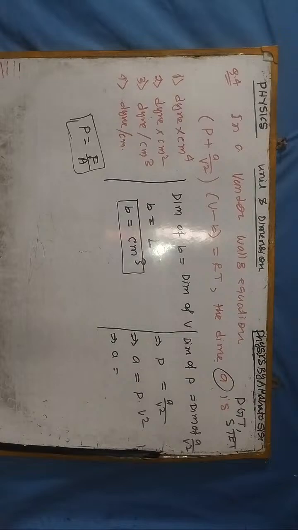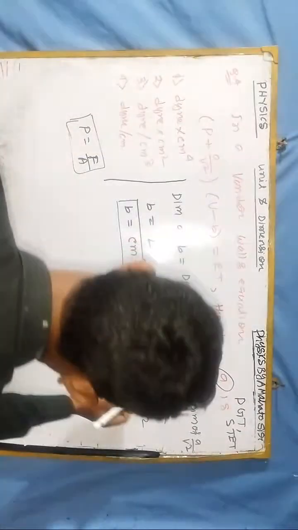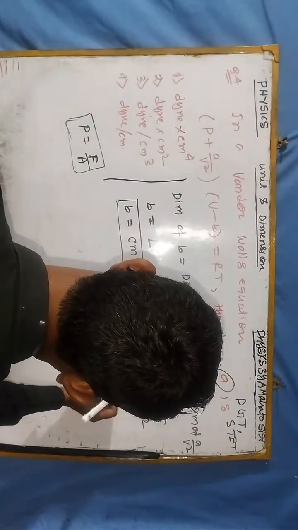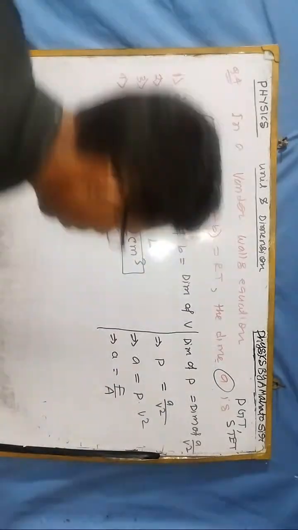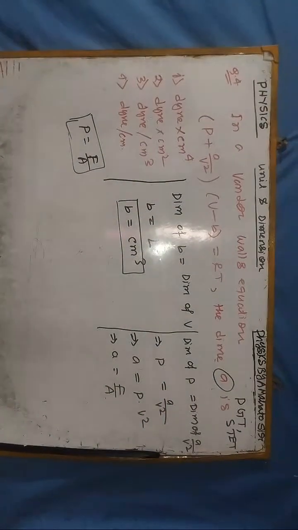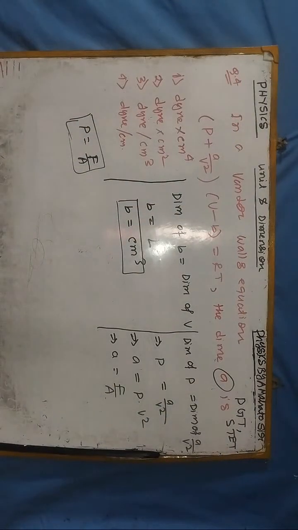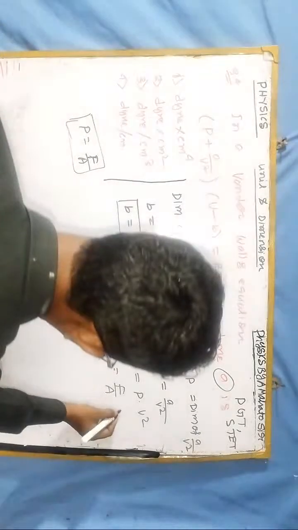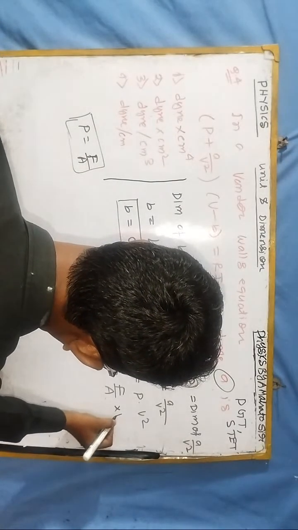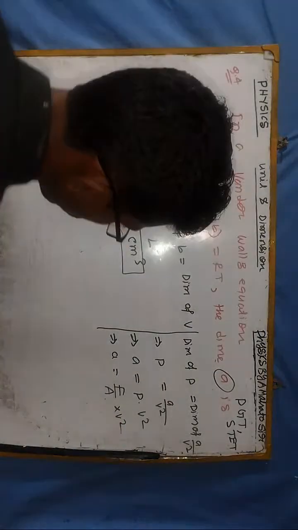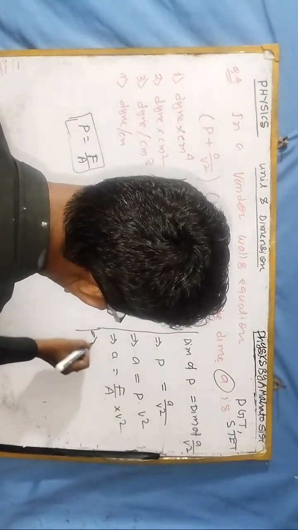So P is replaced by F by A. Pressure is the force per unit area, into V square.